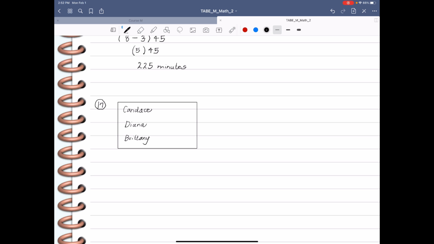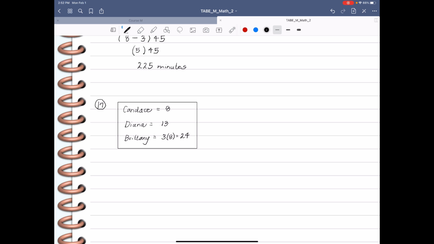And it tells me that Candace scores 8 points. Diana scores 13 points. And Brittany scores 3 times as many as Candace. So that's 3 times 8, which is 24.